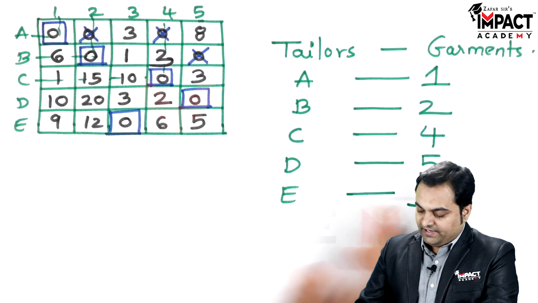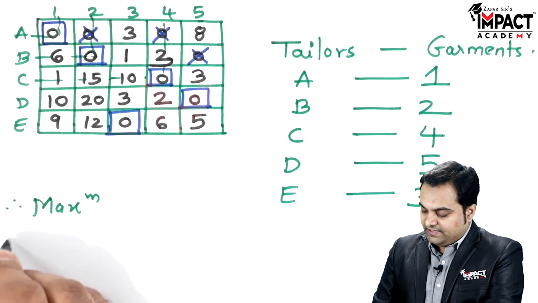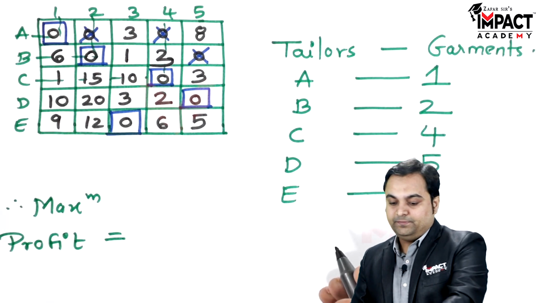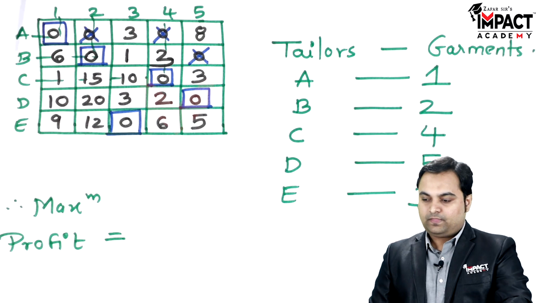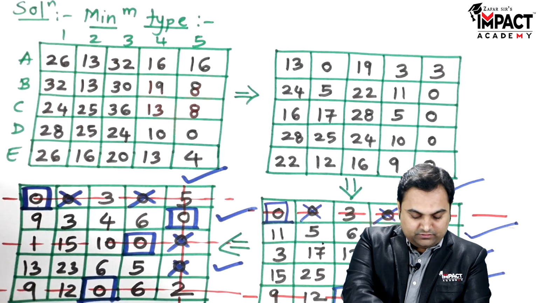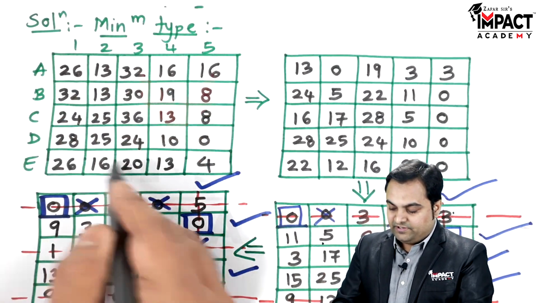And then I would be calculating the maximum profit. So the maximum profit, and I am denoting it in terms of rupees. It would be denoted by the assignments which we had made, and previously the way the question was, it was of maximization type.